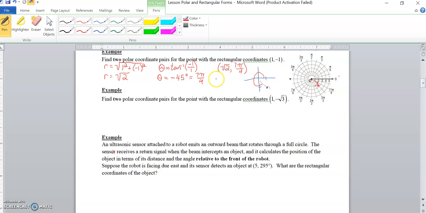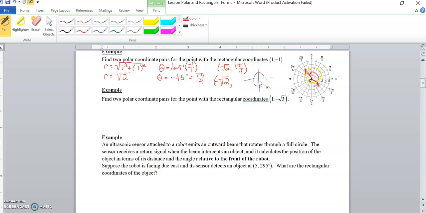Another way to look at this is to take that radius and turn that negative. If I made the radius negative, I also have to look at an angle that's out this direction. So if I went this angle out, but a negative radius, I would end up at the same point as the first one.